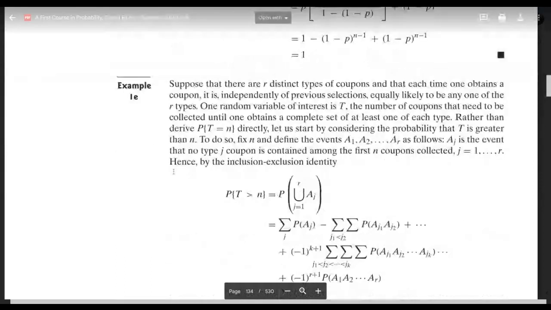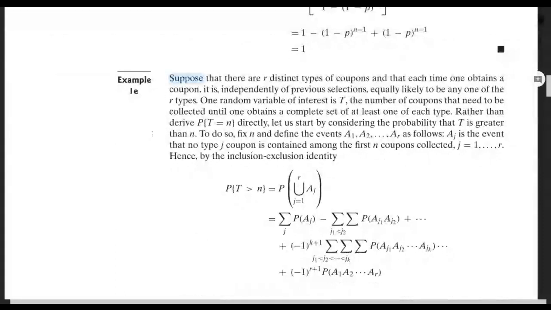Let's see this example. Suppose that there are R distinct types of coupons, and that each time one obtains a coupon, it is, independently of previous selections, equally likely to be any one of the R types.